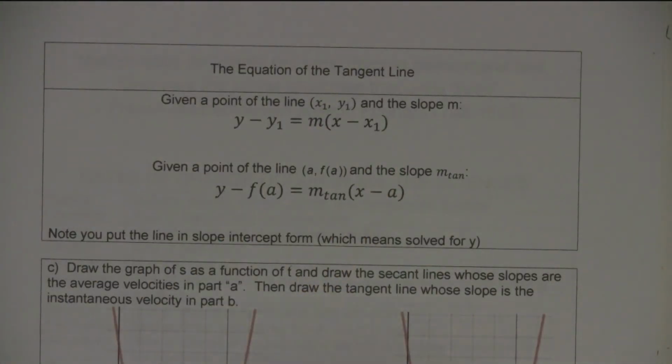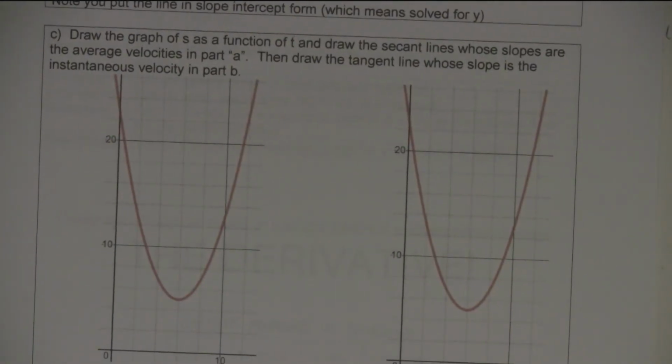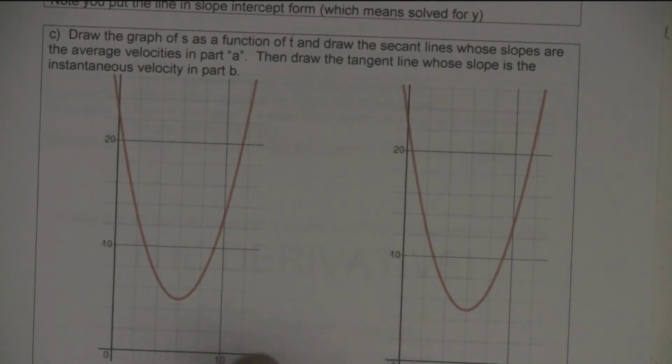Since I wish I would have put that below it, I'm just going to move it up here and then go do it. They're asking me to draw on my graph the secant lines so that I can look at them. So we had a secant line. This is counting by 2s: 2, 4, 6, 8.